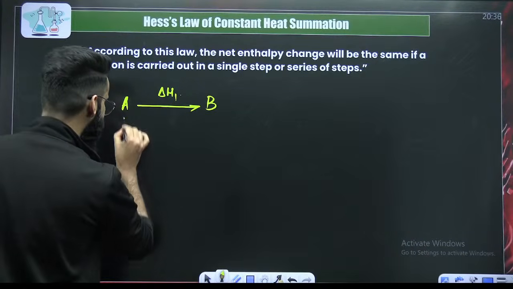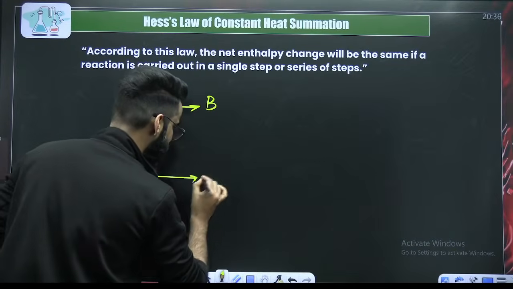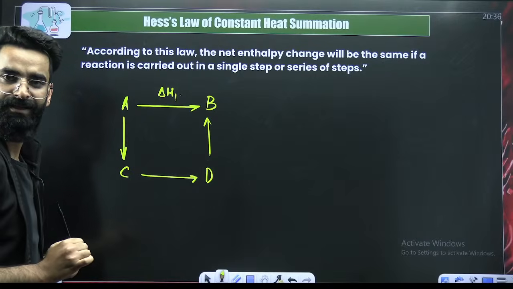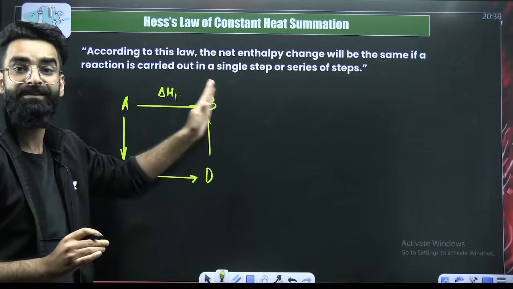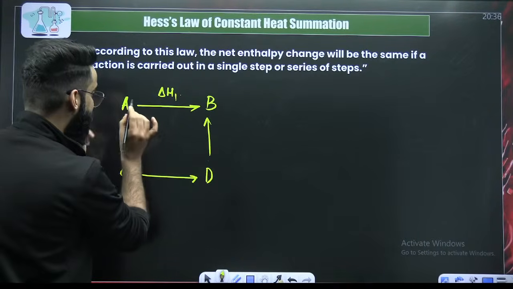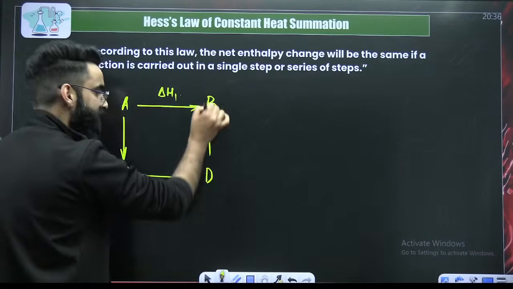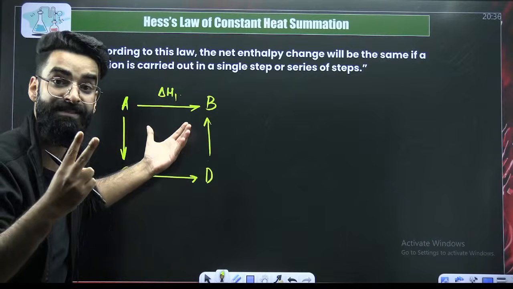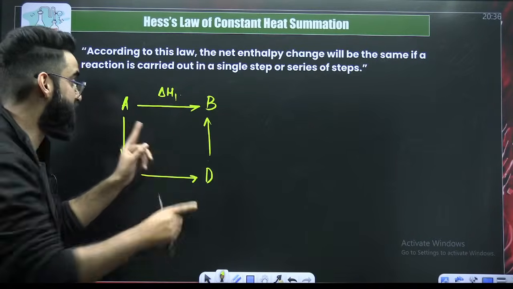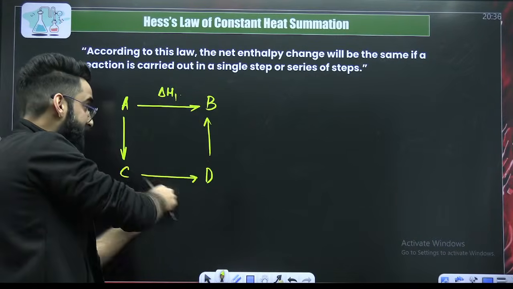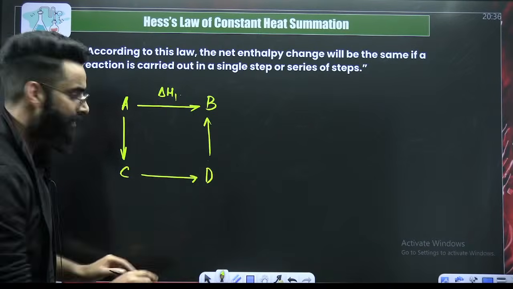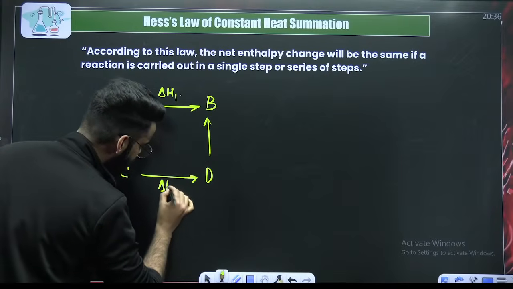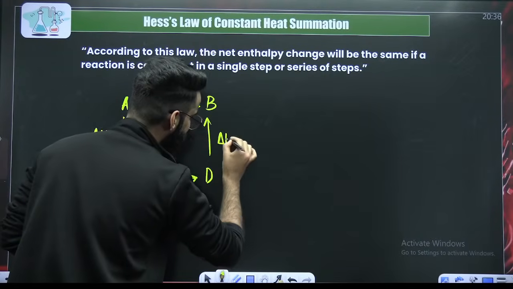For example, first A gets converted into C, then C gets converted into D, then D gets converted into B. My reaction was A to B. I made the reaction happen through two paths: a single step path and a multi-step path. Now, A gives C, let's say its enthalpy change is delta H2. C gives D, delta H3, and D gives B, delta H4.